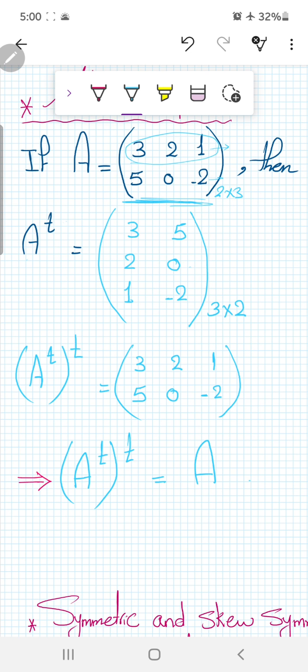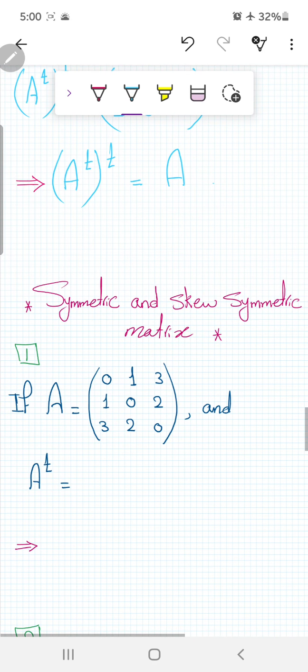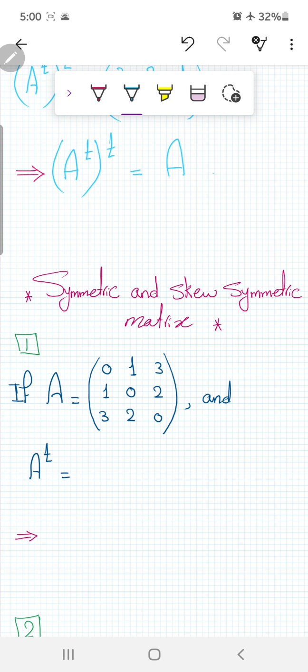Okay. Another title, symmetric and skew symmetric matrix. First, if we have matrix A: 0, 1, 3, 1, 0, 2, 3, 2, 0. We want to get A transpose. As we said, change the first row to be the first column.